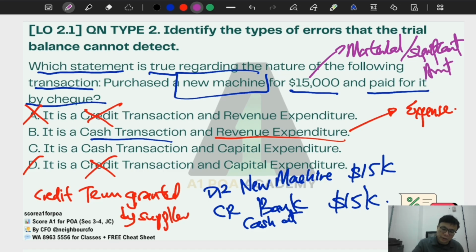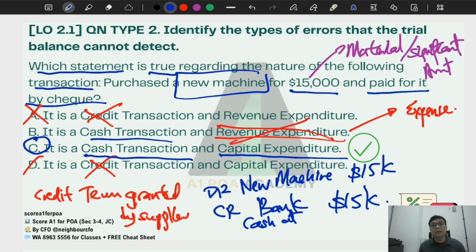If it is a significant amount, we want to make sure that we capitalize it as an asset, and therefore it cannot be a revenue expenditure. So the answer is going to be C. It is a cash transaction and it is of a capital expenditure nature, based on what we have learned previously.